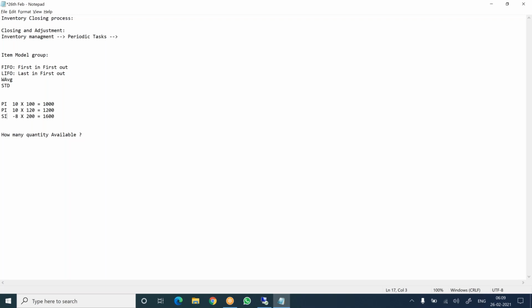In my warehouse, how many available? I want participation in this one. It is not complex. 12. This is 12 quantity. Okay, fine. Now how much amount? Can anyone guess how much amount of the material is in my warehouse?